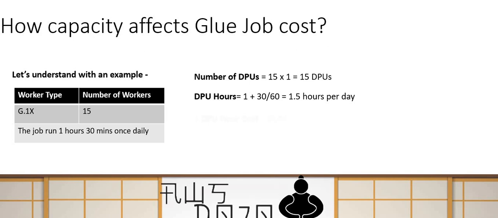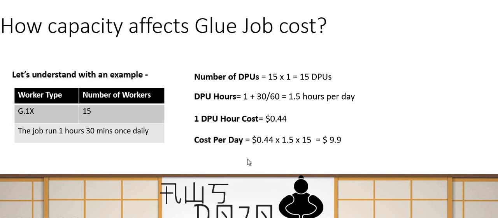Simple. So what is the cost of 1 DPU hour? 44 cents. So how much is the cost per day? That is the 1 DPU hour cost, multiplied by the number of DPU hours, which is 1.5, and by the number of DPUs, which is 15.